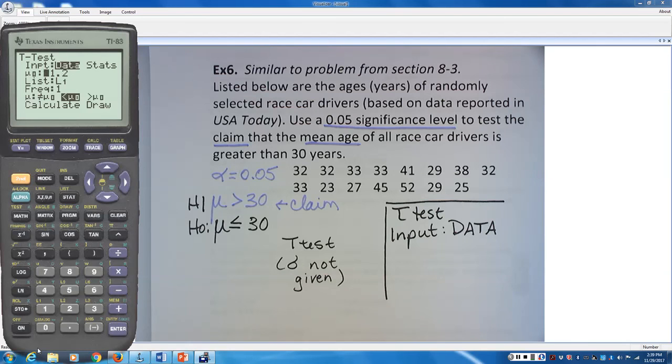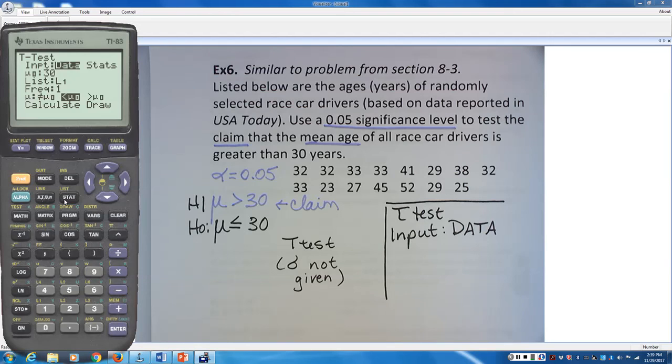And all you have to fill in is the value from the claim, which is 30. And we're going to put the data in list 1. We haven't yet, but we're going to. And then we're going to test H1 being less than.